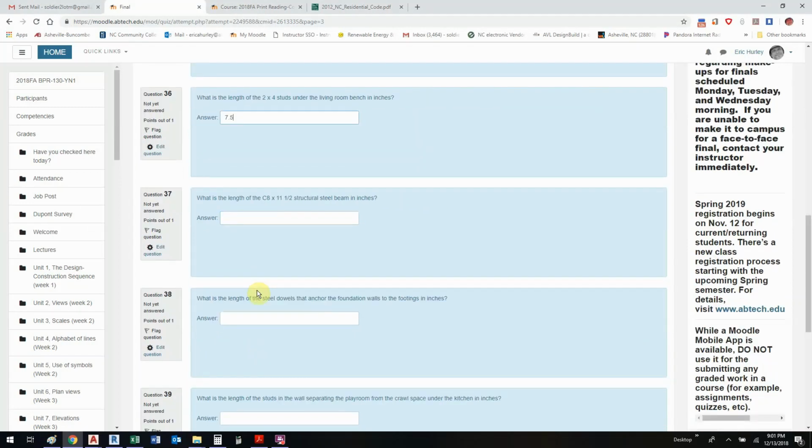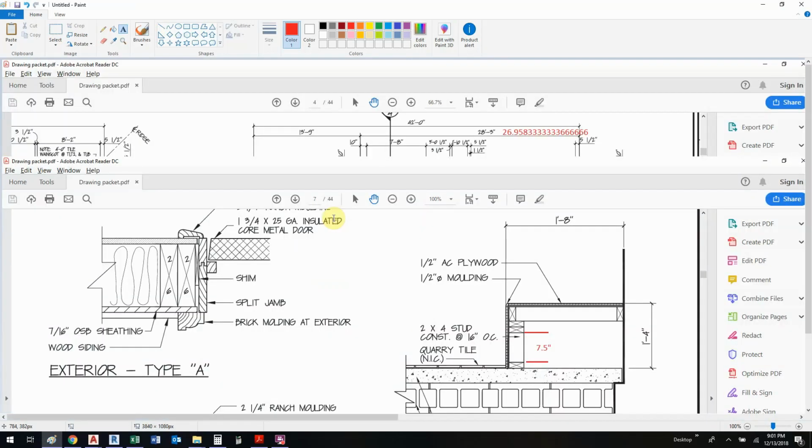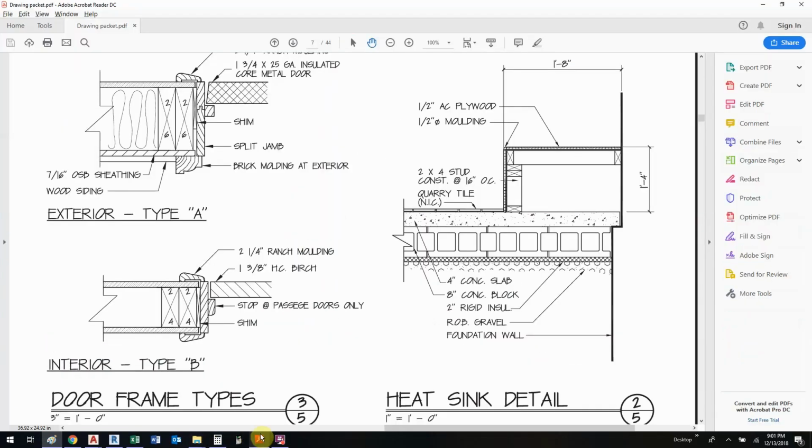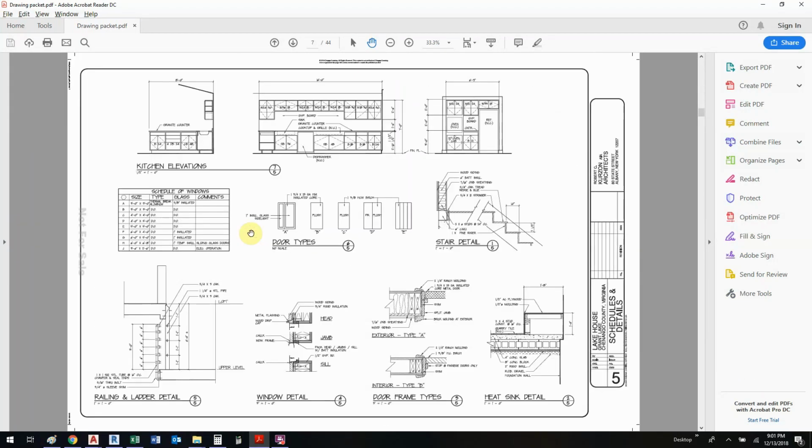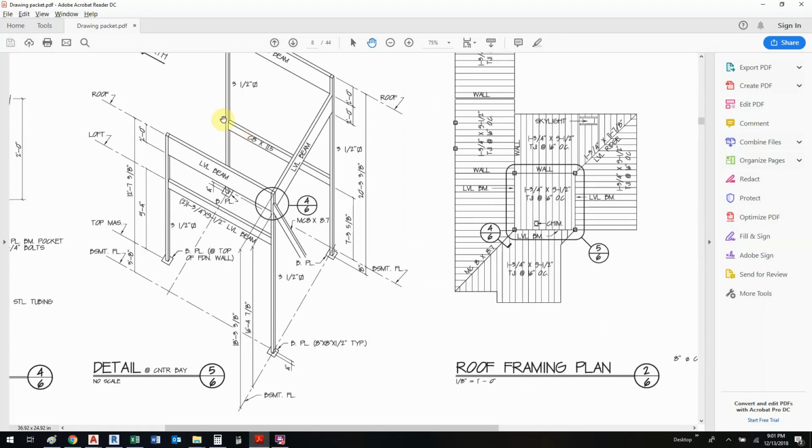7.5. What is the length of the C8 by 11.5 steel beam in inches? So if we go back over to our plan, look at that, remember that isometric that we've been discussing and fussing about?